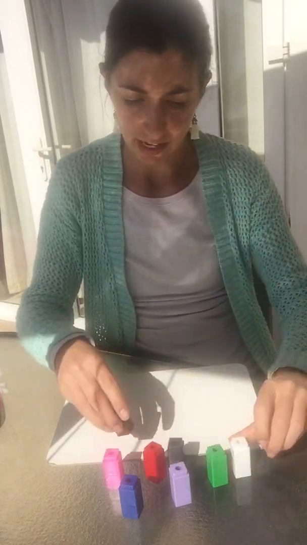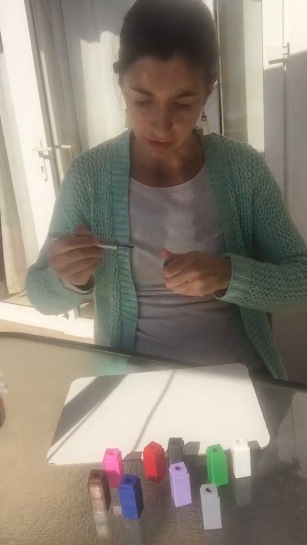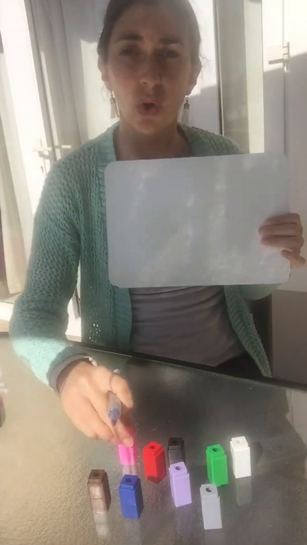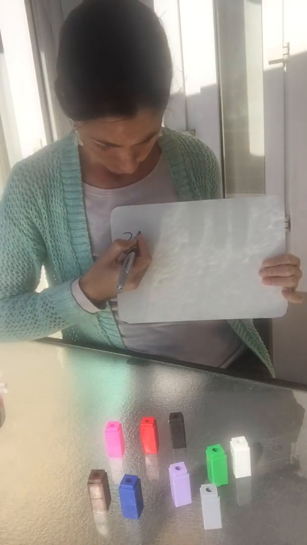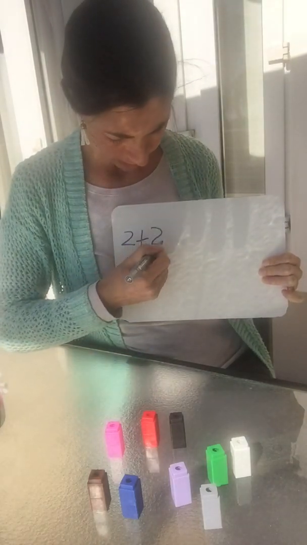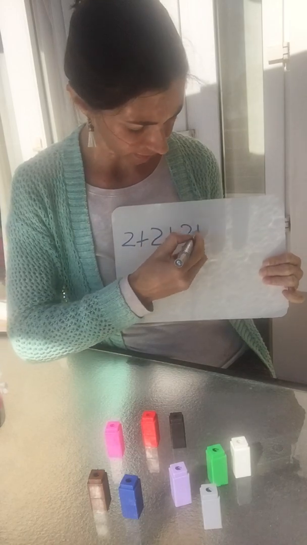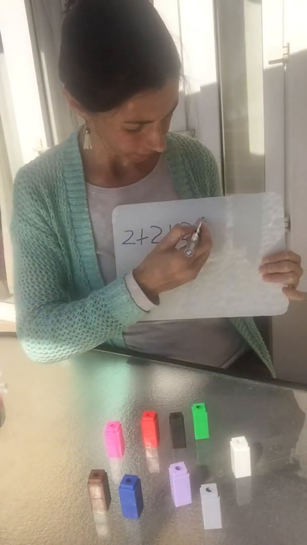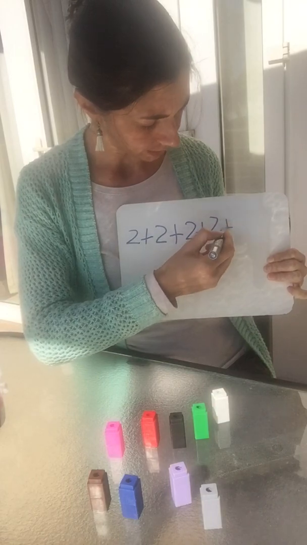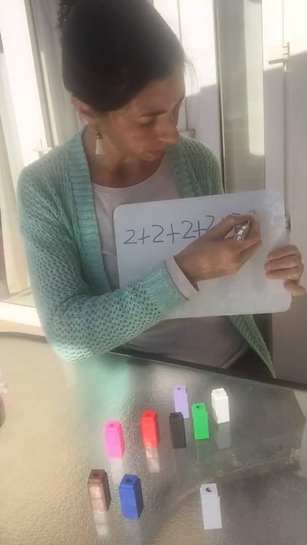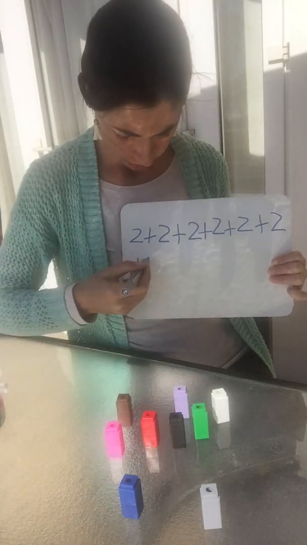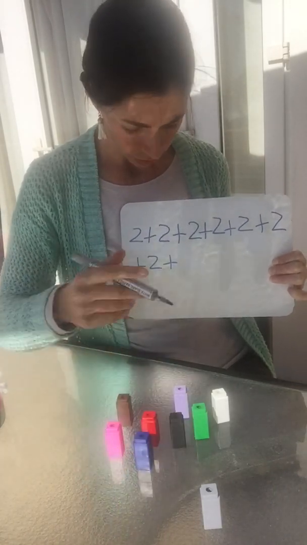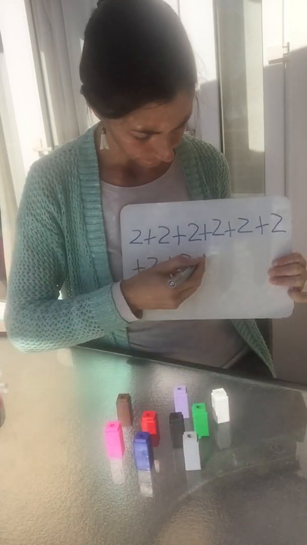So, once again, if I take my board, and now I need to make a sum. So all of these together. So we've got the pink one, 2 plus the red ones, plus the black ones, plus the green ones, plus the white ones, plus the purple, plus the brown, the blue, and the grey.